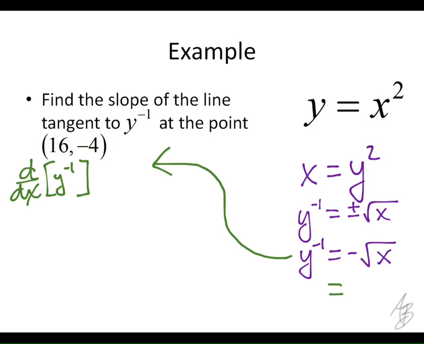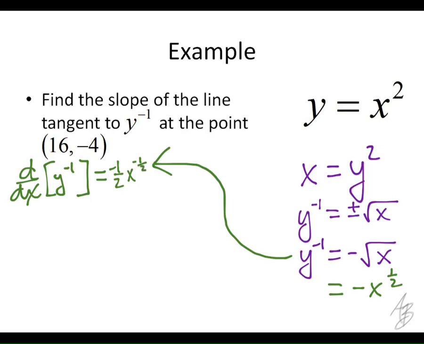So instead of negative square root of x, we would write negative x to the 1/2. So then the derivative of the inverse is going to be what? What can we use here? Yeah, we can use the power rule. Alyssa, did you start saying it? Yeah. Okay, go ahead. Negative 1/2 x to the negative 1/2. Okay, negative 1/2 x to the negative 1/2.